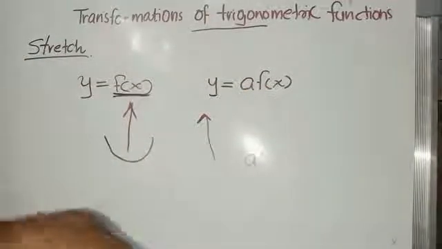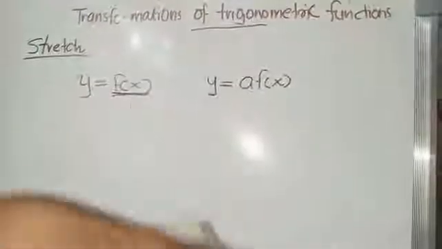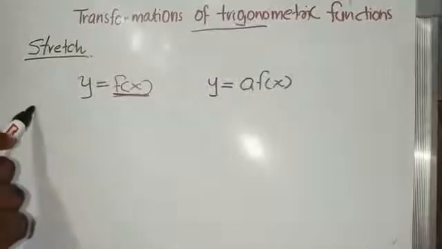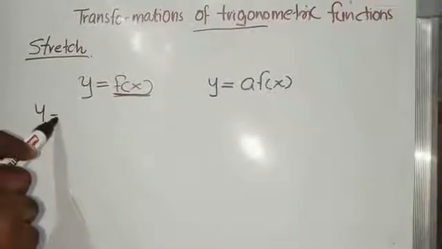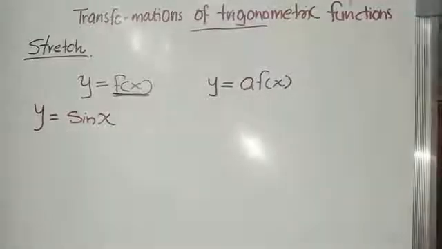When it comes to trigonometry, there also it's very simple. For example, we have function y equal sin x, or y equals cos x, or y equals tan x. Let it be any trigonometric function.